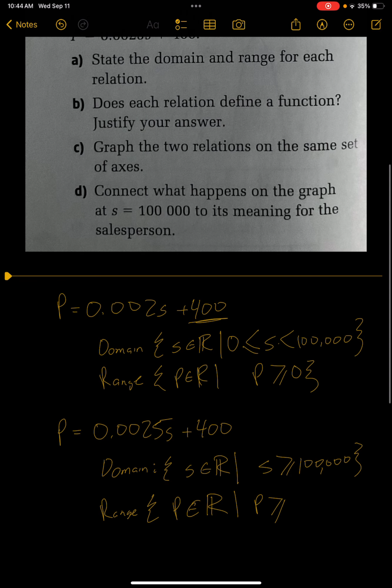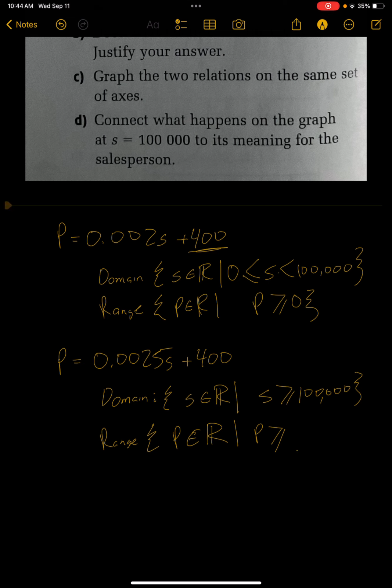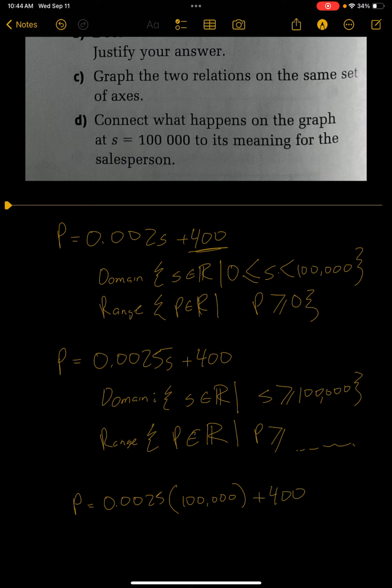And it starts at S equals 100,000. So let's substitute to find out where it starts. P equals 0.0025 times 100,000 plus 400.